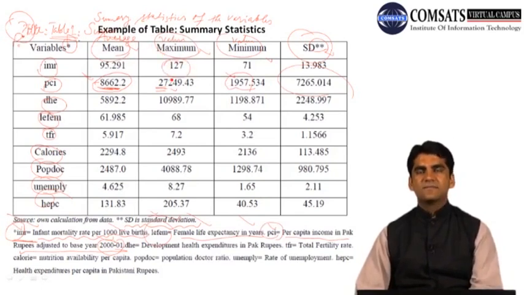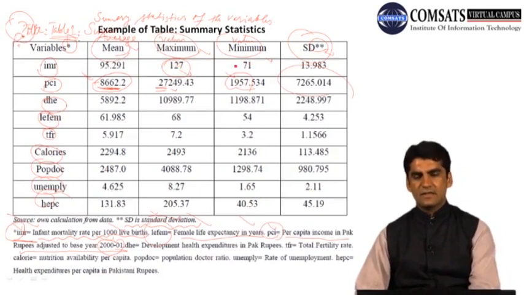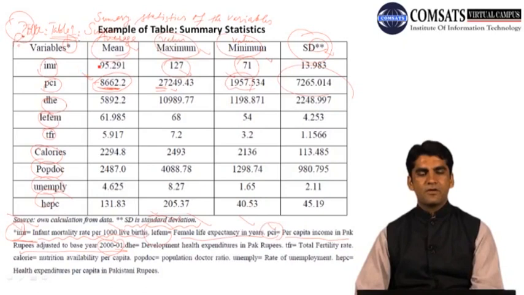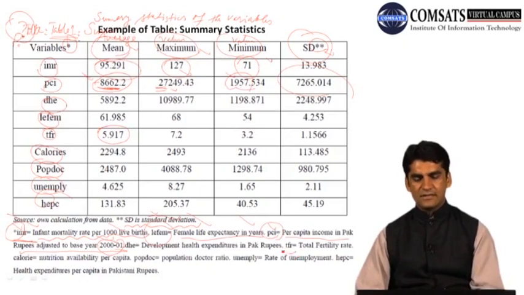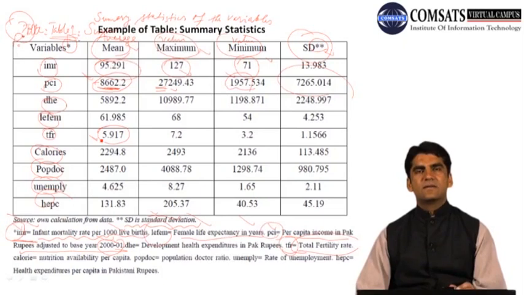infant mortality rate. It is the data for Pakistan. So 127 is the highest, 71 is the minimum, and on average 95. Now what is the total fertility rate? Here it is TFR, the total fertility rate, which shows how many children a woman of married age, from 15 to 49 years, can give birth to.